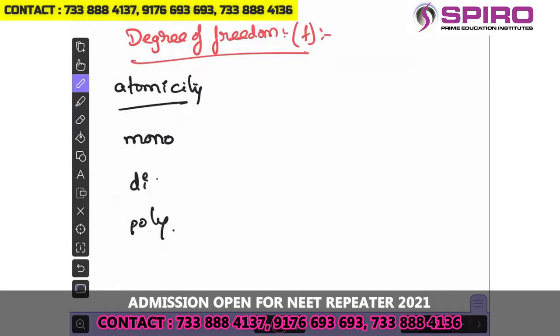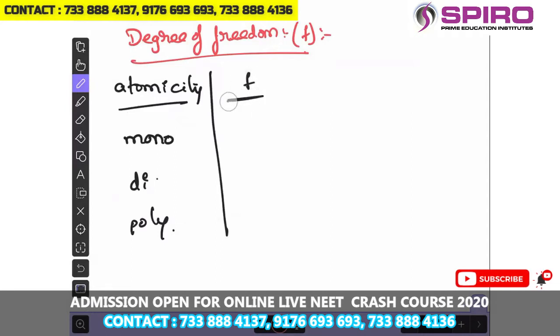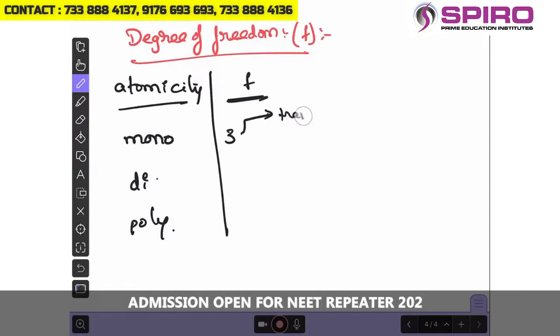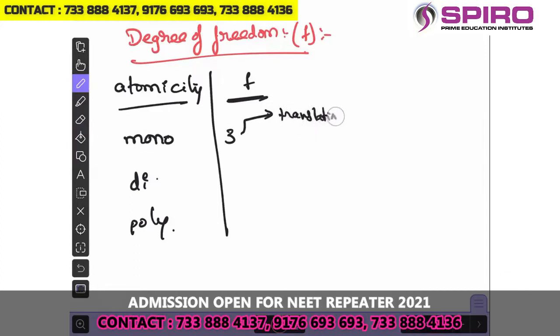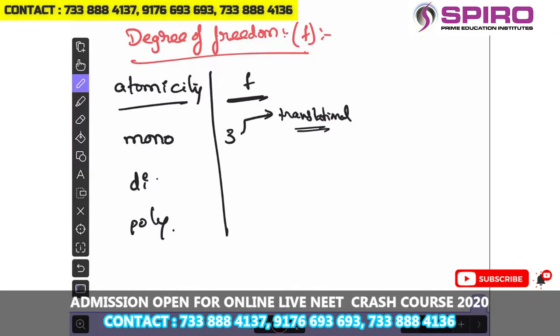For monoatomic gases, the degree of freedom f at ordinary temperature is 3. 3 means all three are translational degrees, and rotational degrees are 0. There are no rotational degrees for monoatomic gas. By virtue of rotatory motion, there is no degree of freedom.